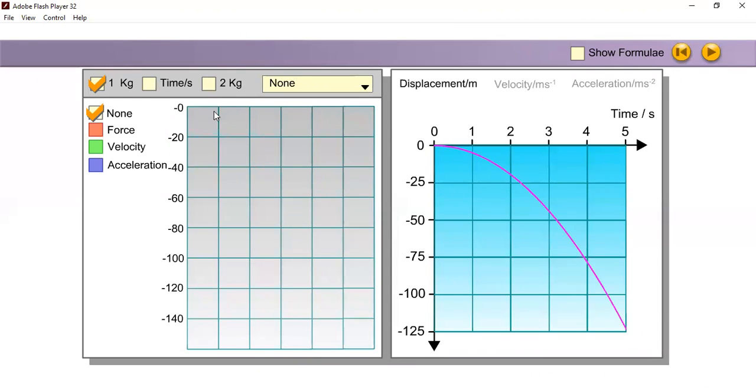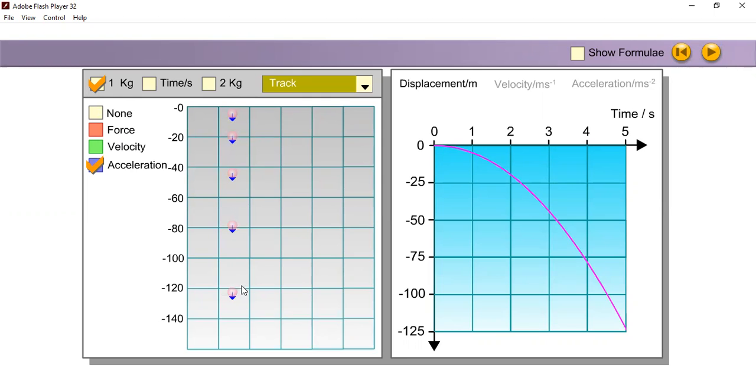When an object is falling down, the displacement will increase. How is the acceleration?